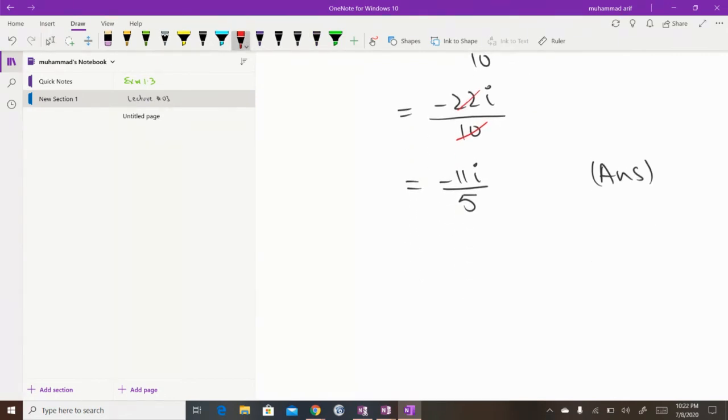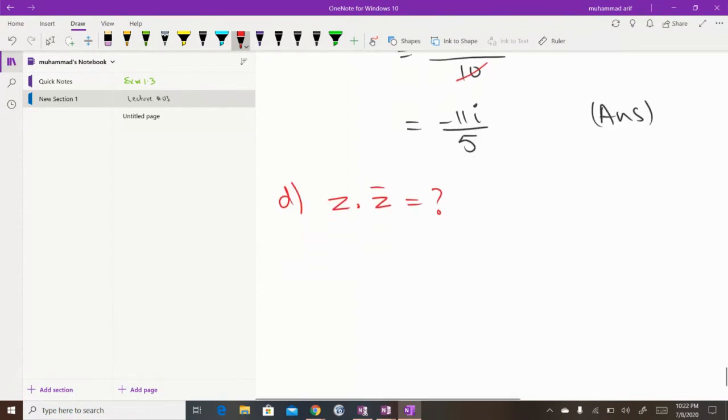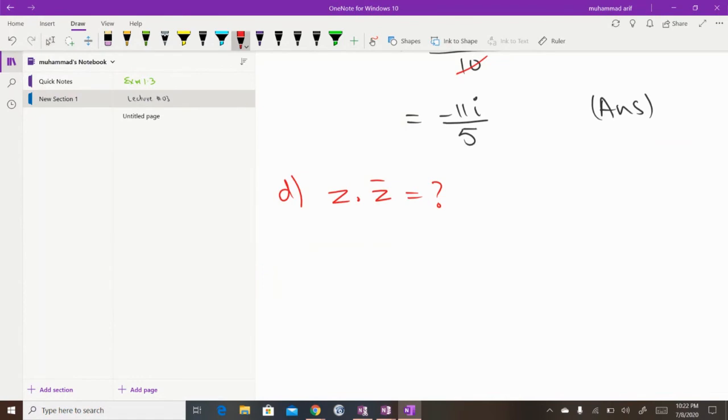Now the last part, that is D part, which is z into z conjugate. Here we are to find the value of z into z conjugate. Again, as we know, z is equal to negative 1 by 5, negative 11 by 10 iota, and z conjugate is negative 1 by 5, positive 11 by 10 iota.